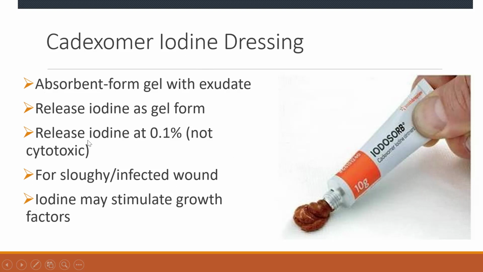But this iodine is at a very low concentration, so it won't cause any damage to your cells, what we call cytotoxicity. Normally used for infected wounds, the iodine can also stimulate the growth of your skin.